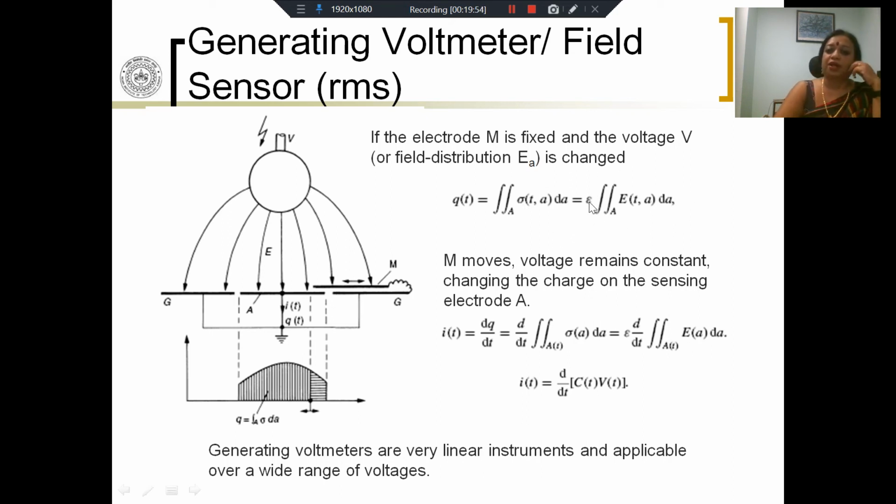So this charge quantity, or the integration of the current, is a measure of the varying field intensity in between the two electrodes.